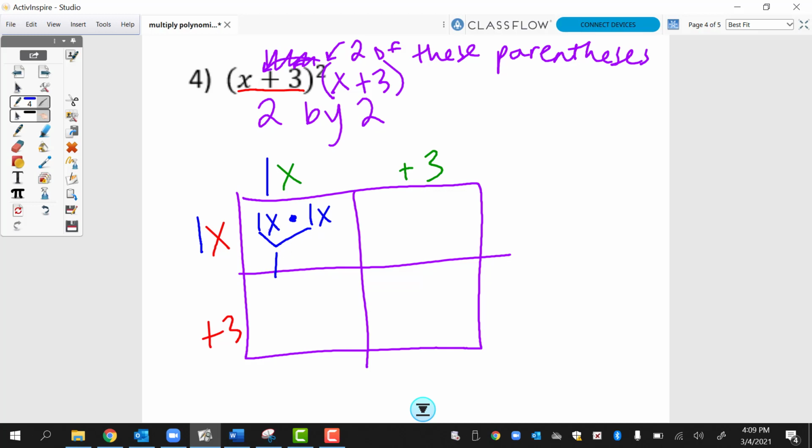How many x's? Well, 1, 2 x's, so x to the 2. Okay. Next box over here, we got a 1x times a 3, a positive 3. Multiply the big numbers. 1 times 3 is 3. How many x's? Just the 1. And that's positive, so I'm going to put positive in front.